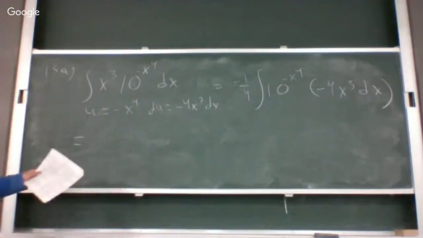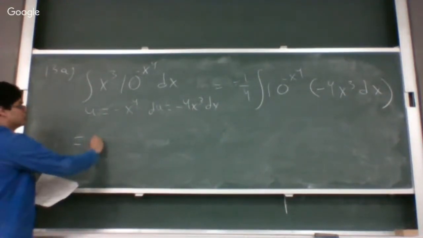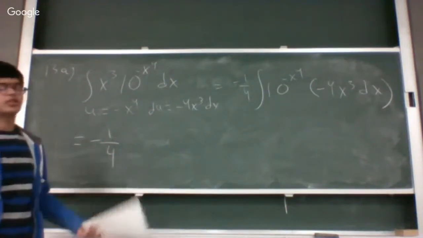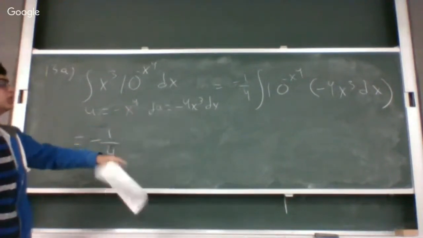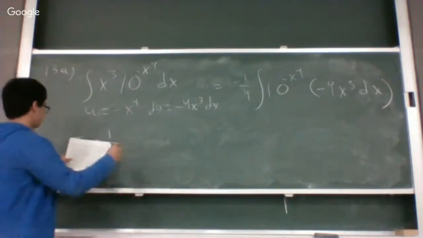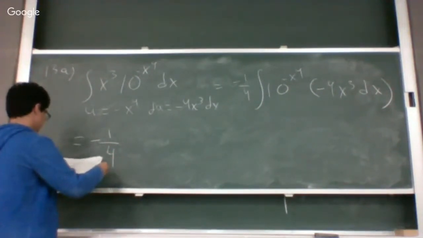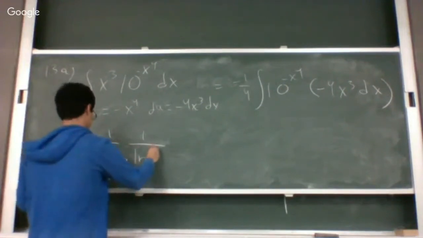So if you guys are good with that step, then it's really simple. As I put in the review, when you do an integral of a constant raised to a function, this is the form it should be. So we have negative 1/4. Then what you need is 1 over the natural log of the constant.